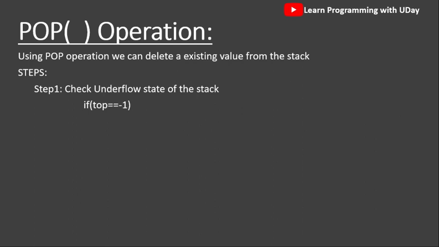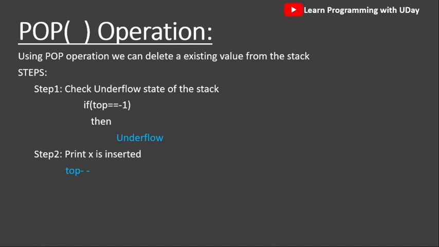So we check the underflow state of the stack using this if condition. If top equals -1, then we tell that the stack is underflow. That means the stack is completely empty and we won't be able to delete any number from the stack. If this condition fails, then we will be able to delete a number from the stack. We do that by first printing which number is getting deleted, and then we simply decrement the top pointer.